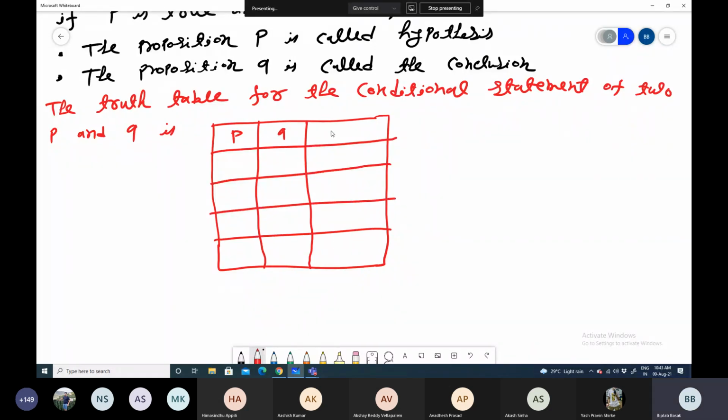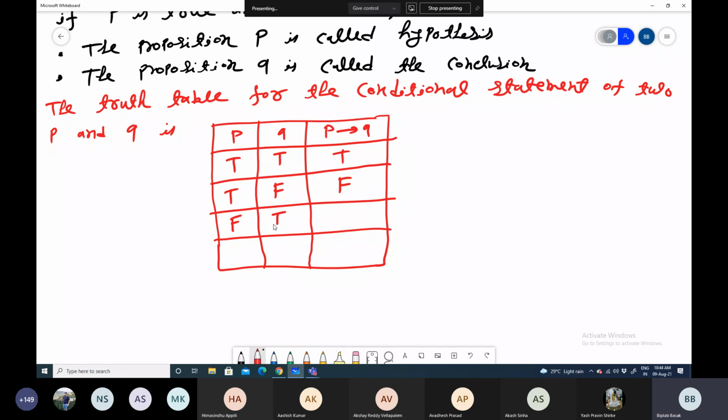This is P, this is Q, this is if P then Q, or P implies Q. Now note that if P is true and Q is true, then the statement if P then Q is true, because P and Q both are true. Now if P is true but Q is false, then the conditional statement if P then Q is false, right? Because P is true, so that is happening, but Q is false, Q is not happening. So P implies Q is not true. So that is false.